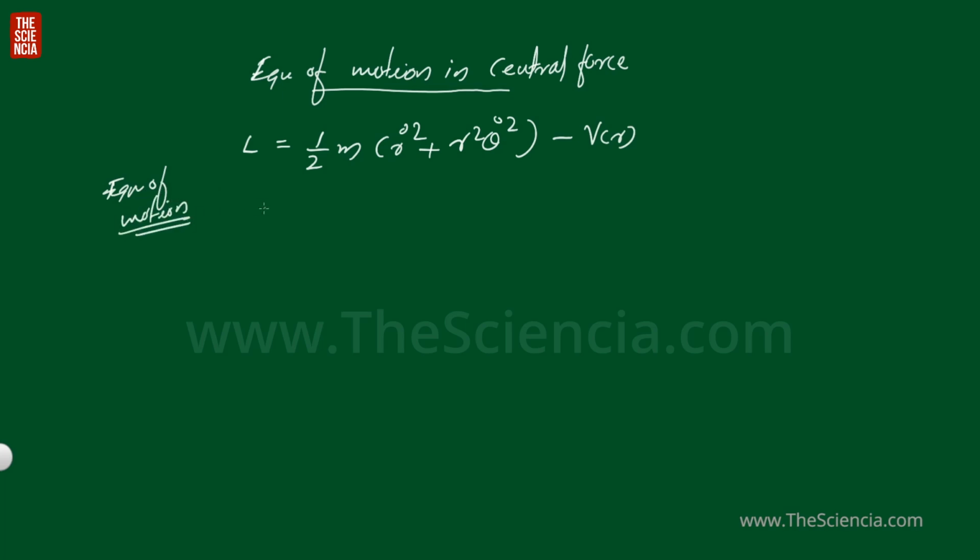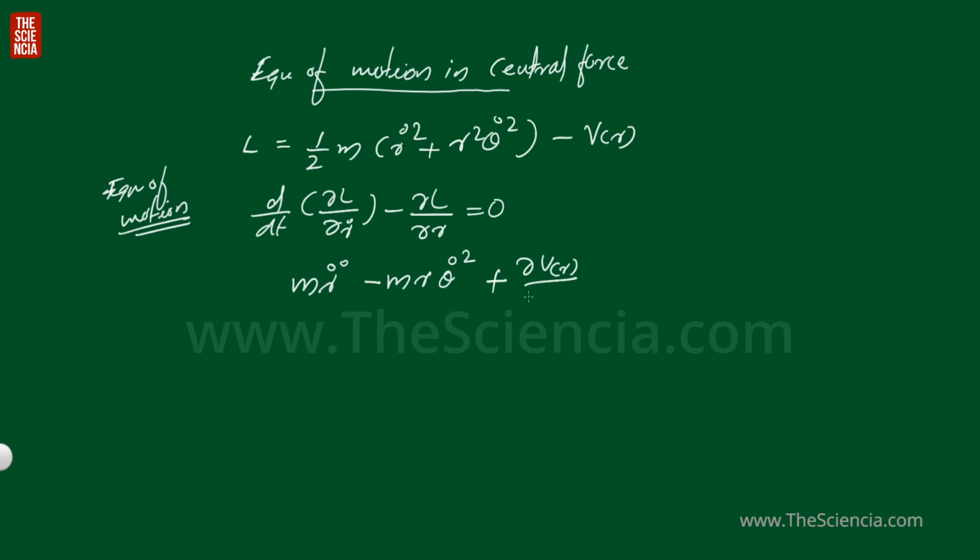that is we know d by dt of dou L by dou r dot minus dou L by dou r equal to 0. Then we get m r double dot minus m r theta dot square plus dou V of r by dou r equal to 0.